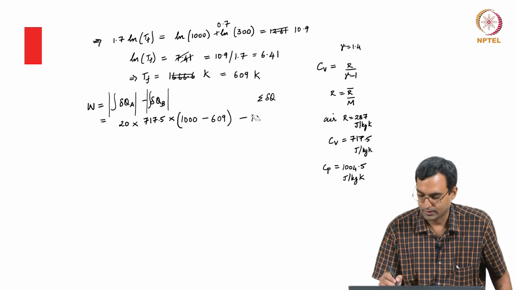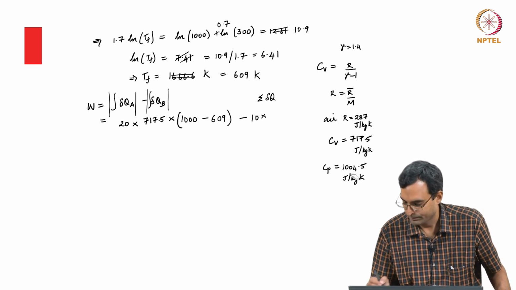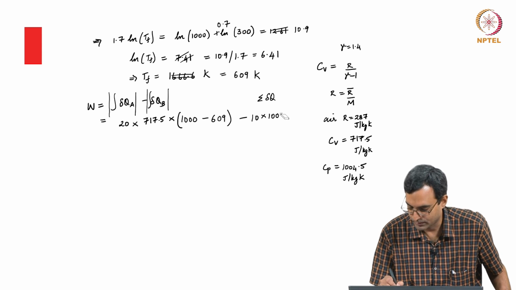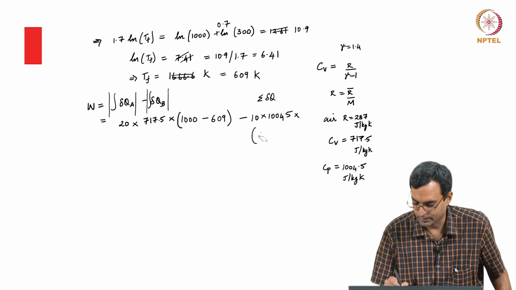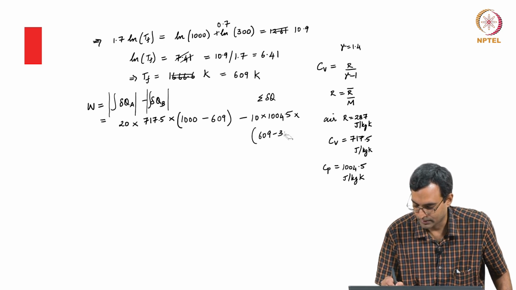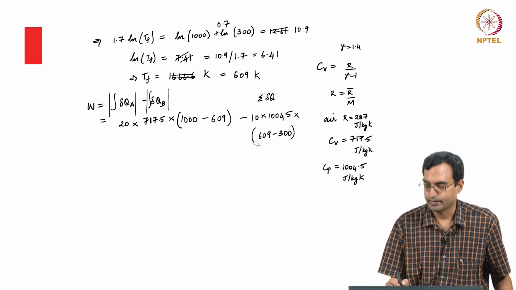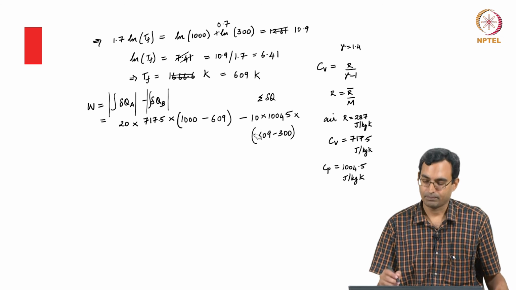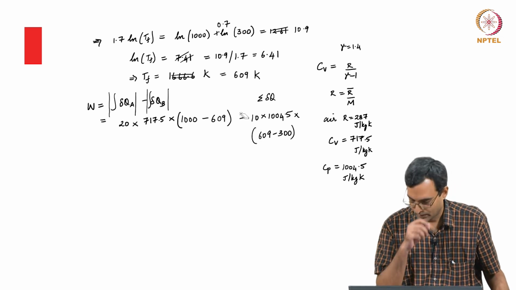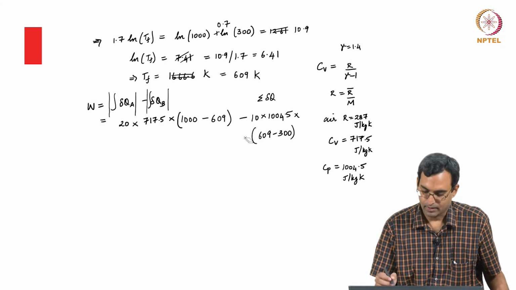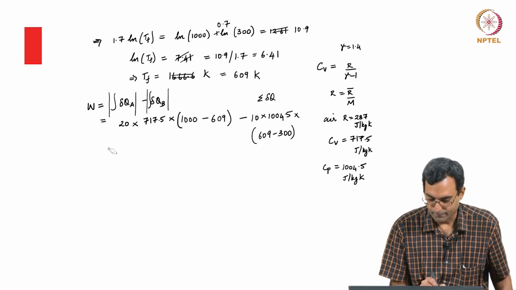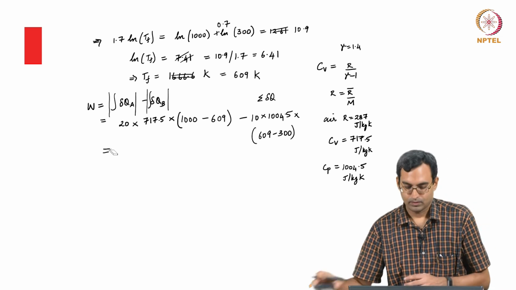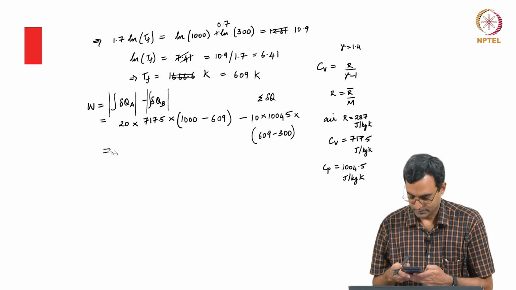The mass there was 10 kg, Cp is 1004.5 joule per kg Kelvin, and the temperatures are 609 minus 300. Again, I have already taken delta T is final minus initial, but I have already taken out the negative sign and I am only taking positive values on both sides. So, let us see what this comes out to be.